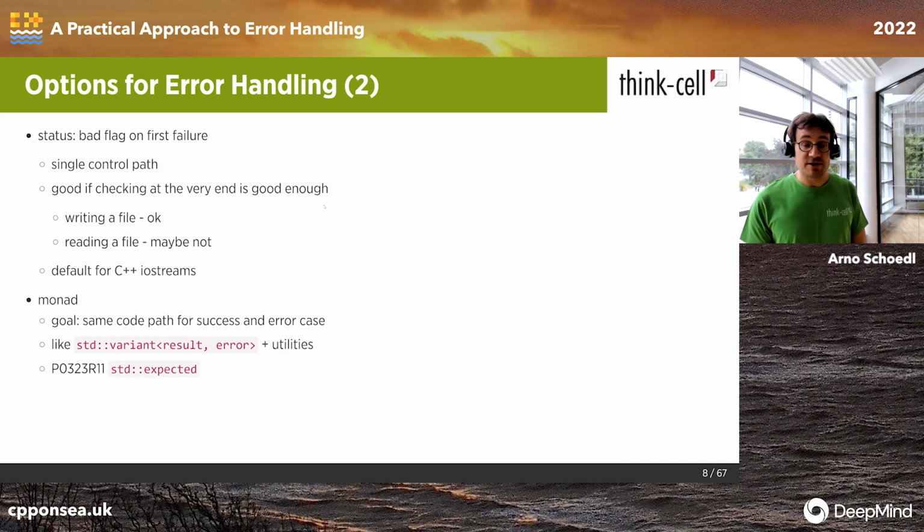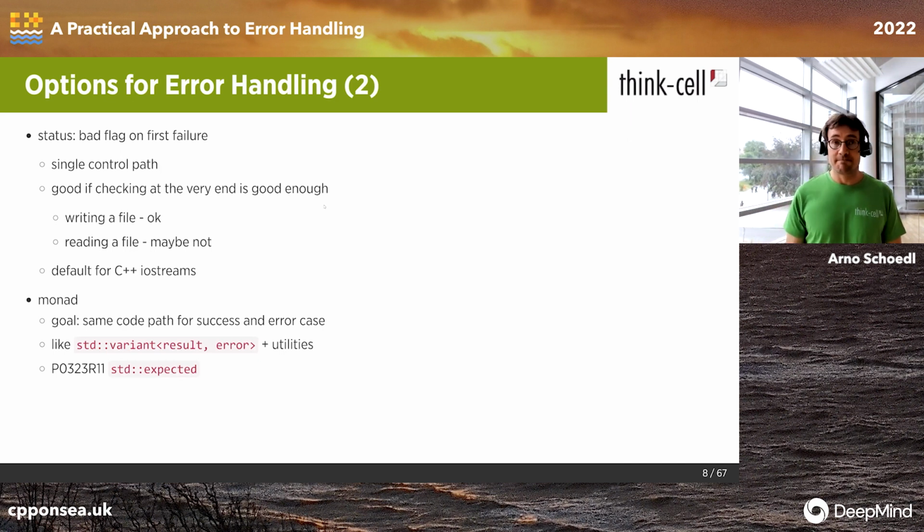There is another technique that also tries to further this goal of having a single control path for the success and the error cases, which are monads. It's essentially like a std::variant on steroids. So you're packaging together the result as one option and some sort of error information as the other option.